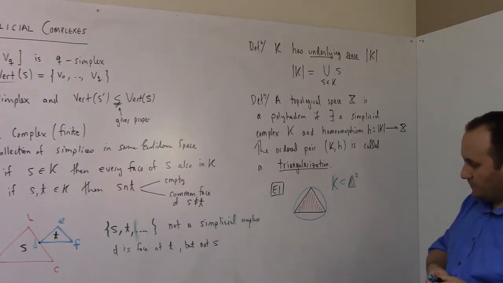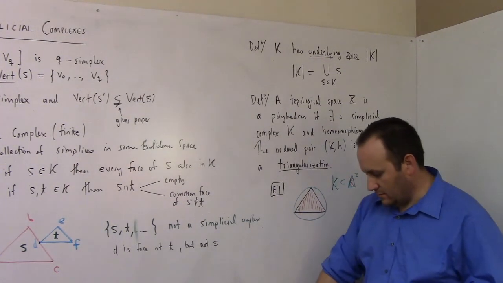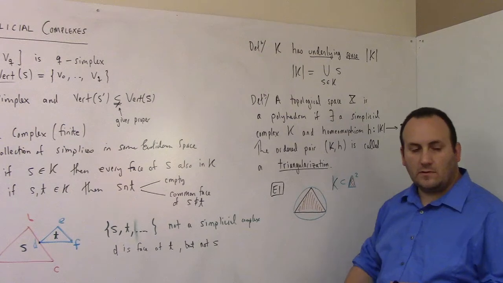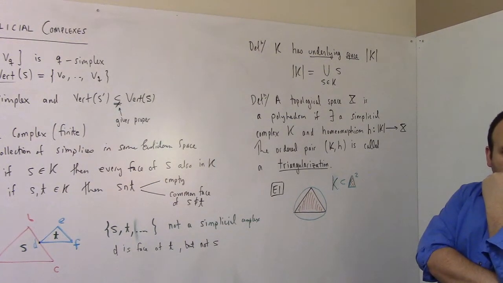Okay. I just remembered why he says it's delta 2 and R3. Because you define it as delta n in R n plus 1, and R n plus 1 is like the simplex formed by all the unit vectors.